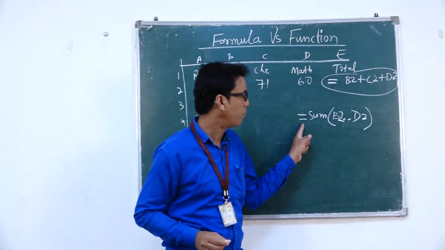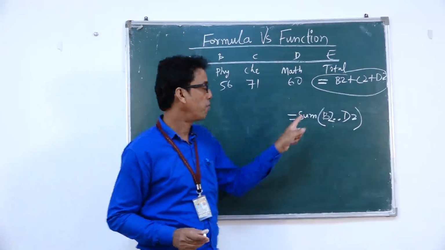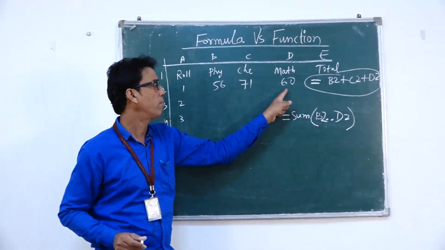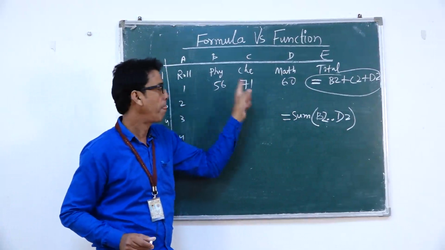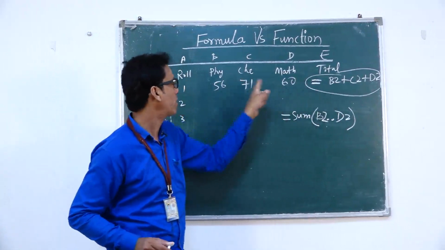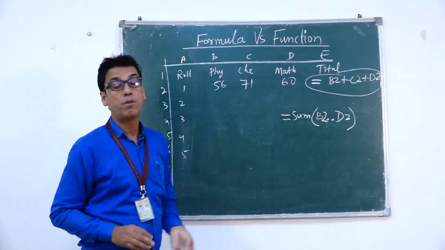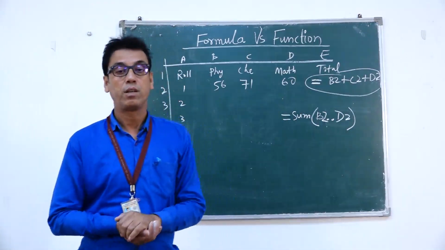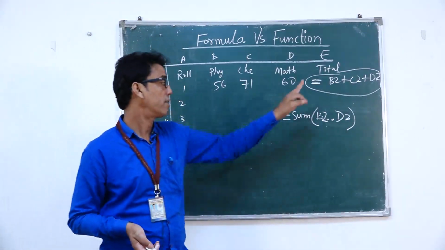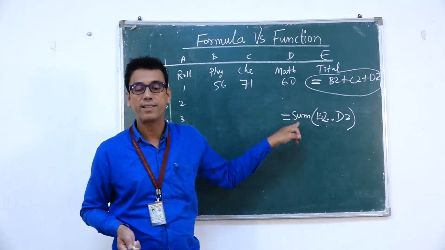This will perform the same task. This will also generate the total marks of roll number 1. But what is the difference? The difference is that this is a formula and this is a function.